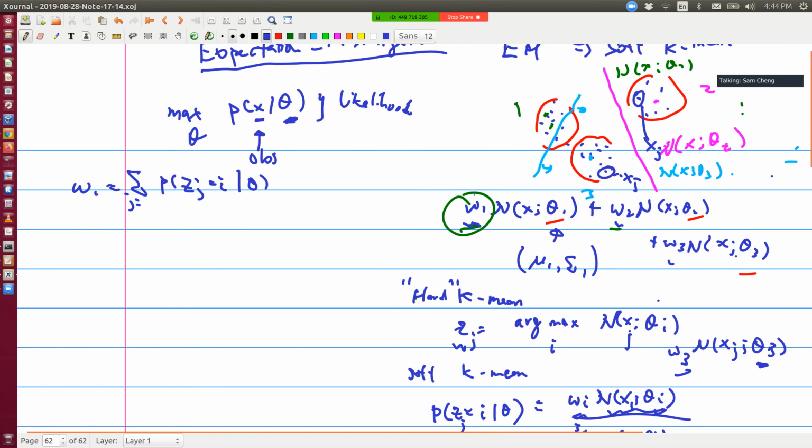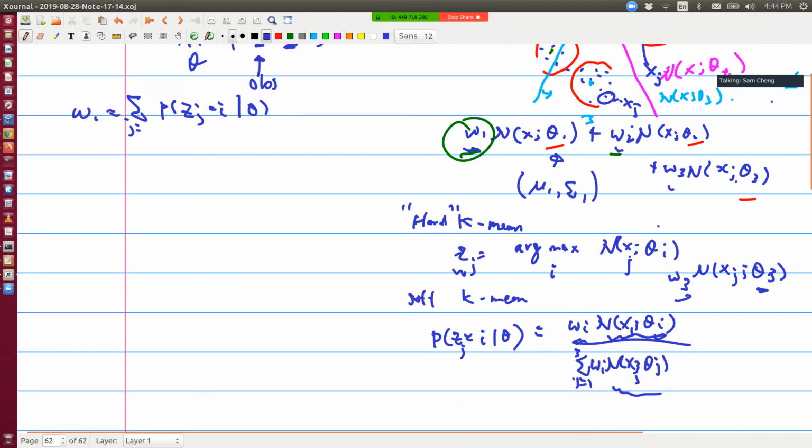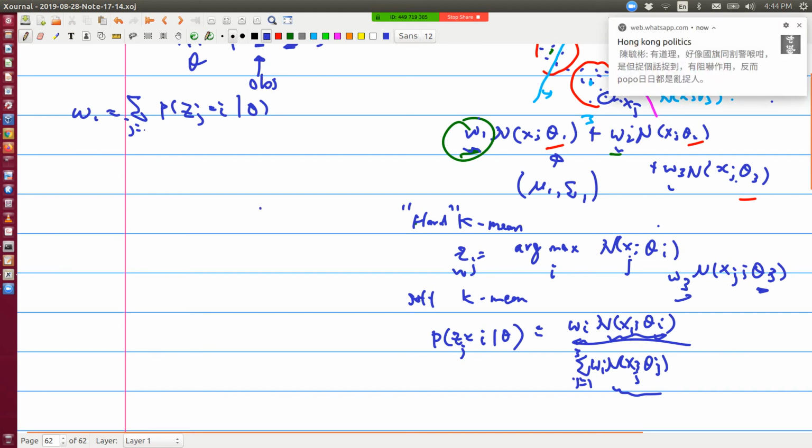Typically, we will just assume this is 1/3, 1/3, 1/3, right? But then as we continue to improve our approximation, this W will change as well.